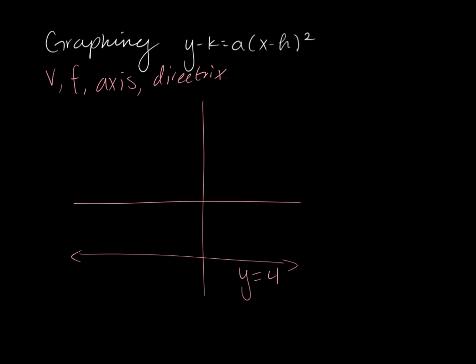Okay, and then let's say our vertex is 0, 0, and our focus is 4, 0. This should make sense because your distance between your vertex and your directrix is 4, and the distance between the focus and the vertex is 4. Okay? And then the axis of symmetry is the x-coordinate of the vertex, so that would be 0 right here.